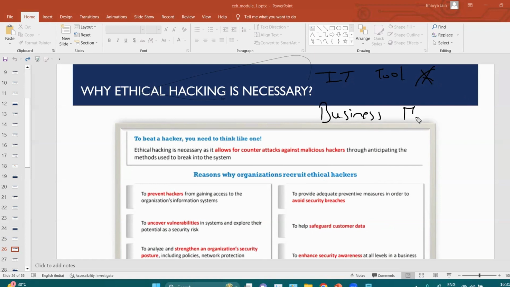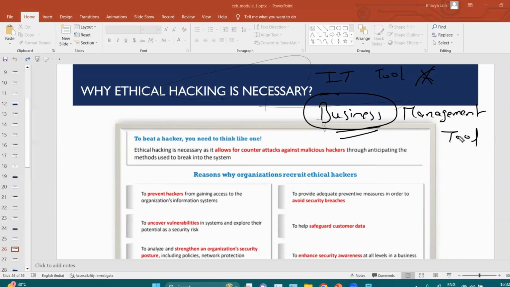It is a business management tool. Why are we protecting everything? To ensure the continuity of the business. That is why we do everything related to security: to secure the business. That is the main reason for cybersecurity.